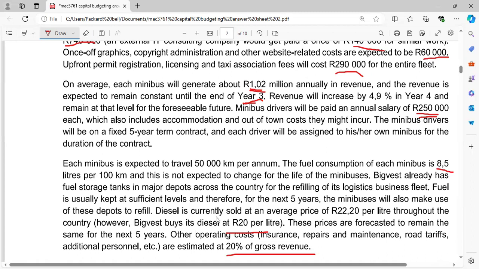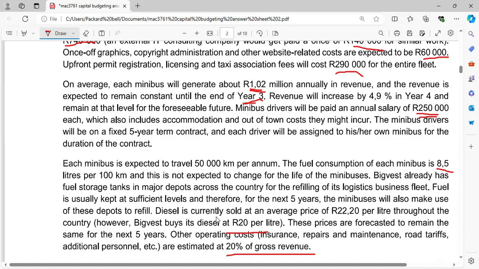Big Vest already has fuel storage tanks in major depots across the country for the refilling of its logistic business fleet. Fuel is usually kept at sufficient levels, and therefore for the next 5 years, the minibuses will also make use of these depots to refill.